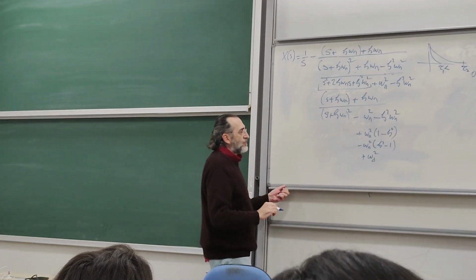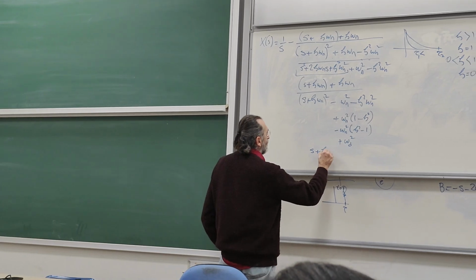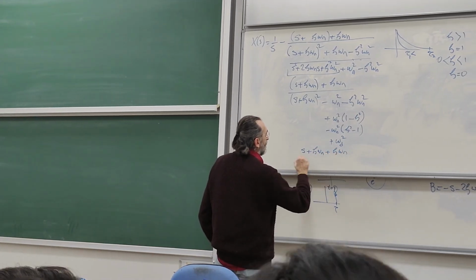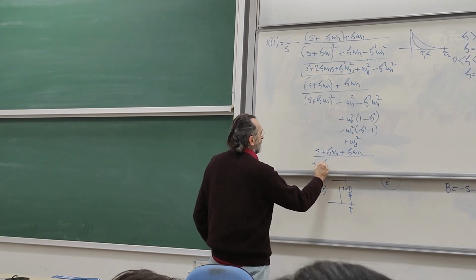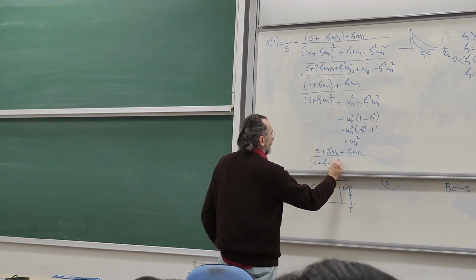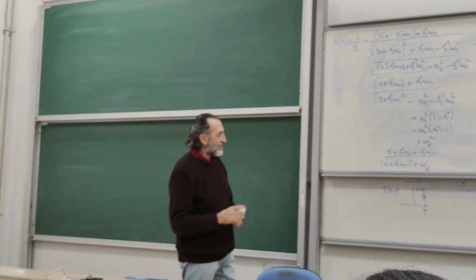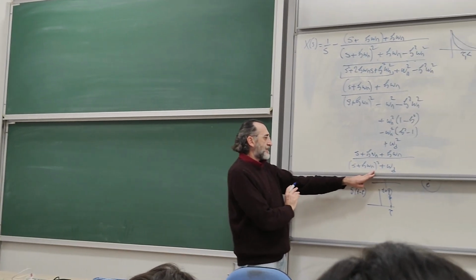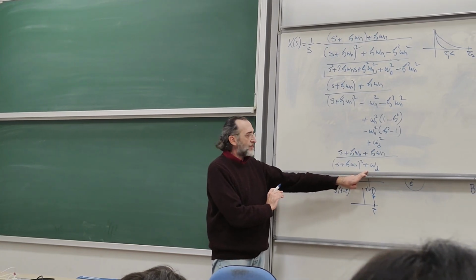Well, you'll do it at home. I don't care. So what we end up with is s plus zeta omega n plus zeta omega n divided by s plus zeta omega n squared plus omega d squared. Alright, this really looks like, at least have these squared with omega d.